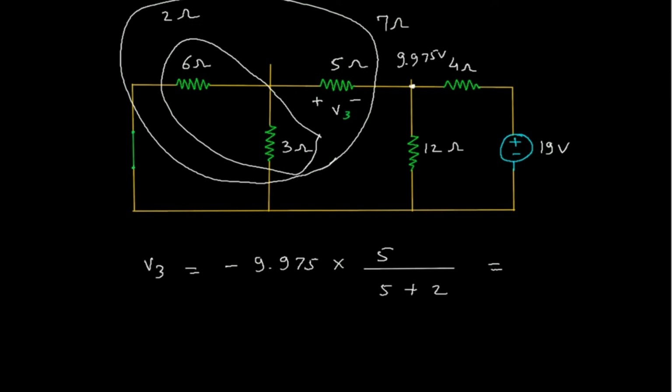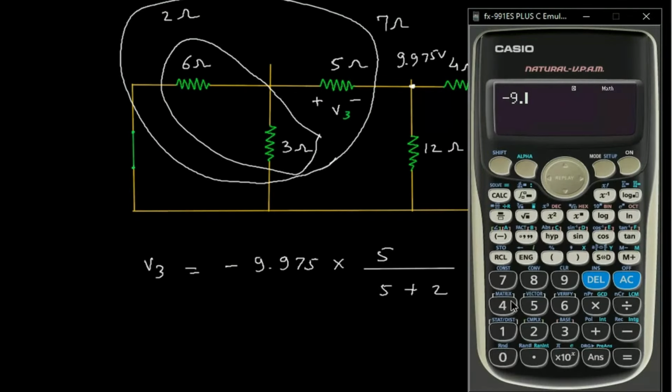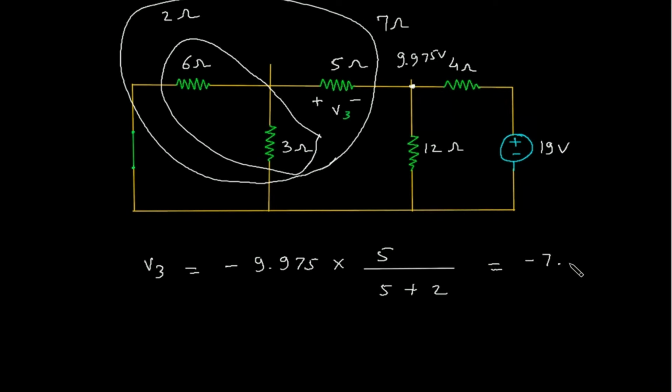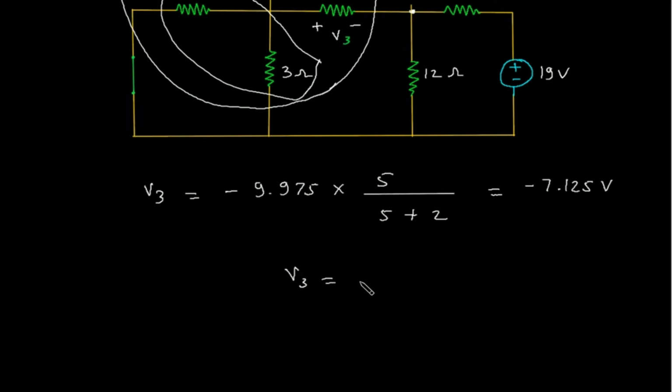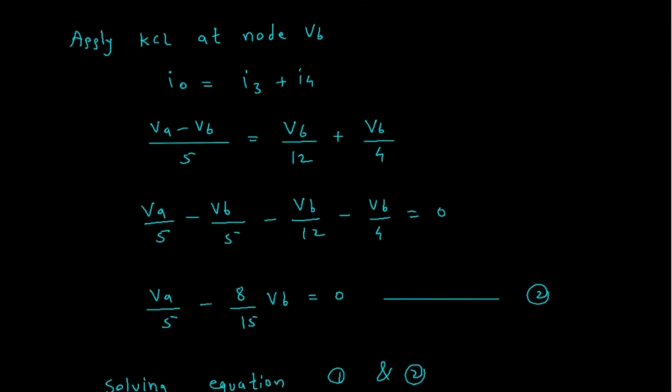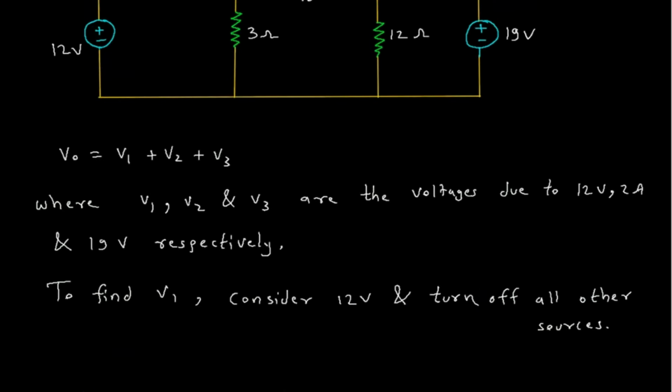So this is minus 9.975 into 5 by 5 plus 2, which is minus 7.125 volt. This is the value of V3. V3 is equal to minus 7.125 volt. So VO is equal to V1 plus V2 plus V3.